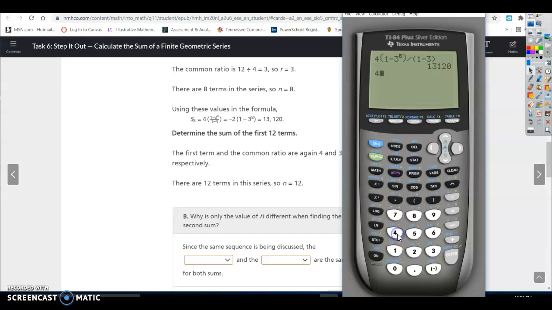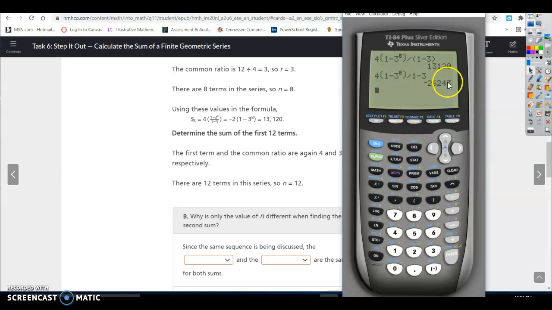Now look what happens if you don't use the parentheses. You're going to have everything correct except you haven't told your calculator the order of operations to use. You haven't told it to do the top and bottom separate. So if you just put 1 minus 3 here, it's going to give you a completely different answer that is very wrong.